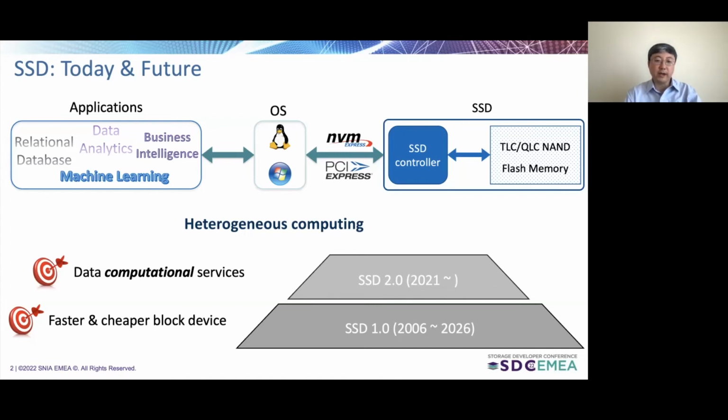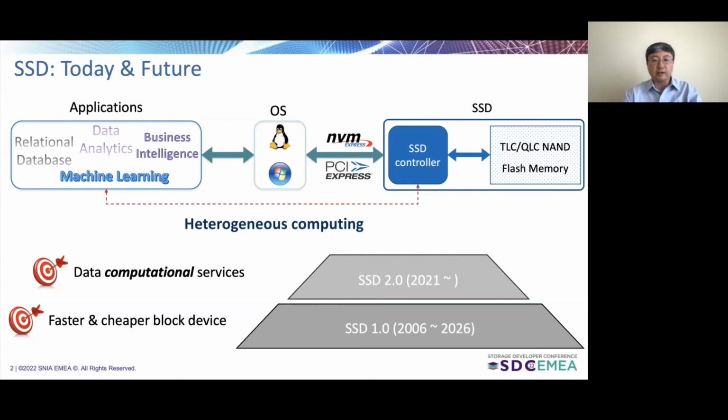Driven by this trend, the era of SSD 2.0 was born naturally. Its goal is to provide meaningful data processing capabilities in addition to maintaining the cost-effective storage functions, to better serve future heterogeneous computing systems.